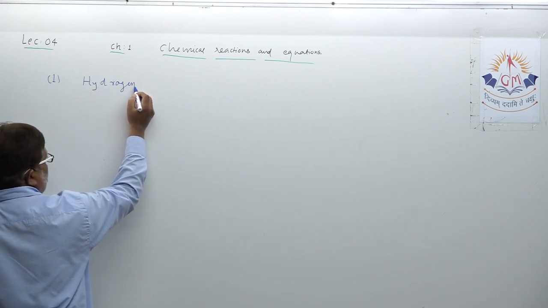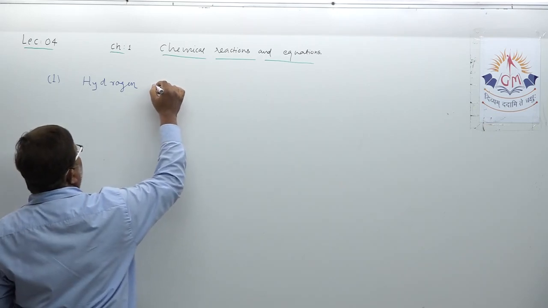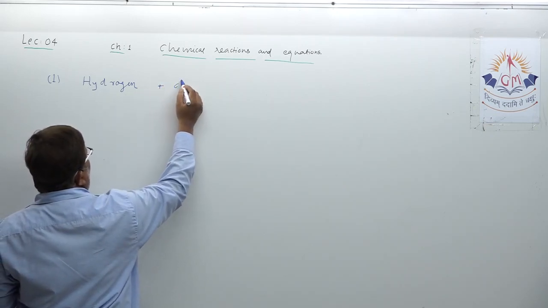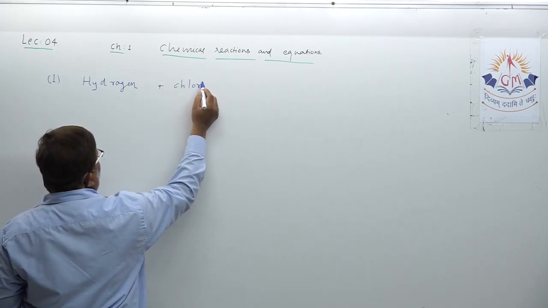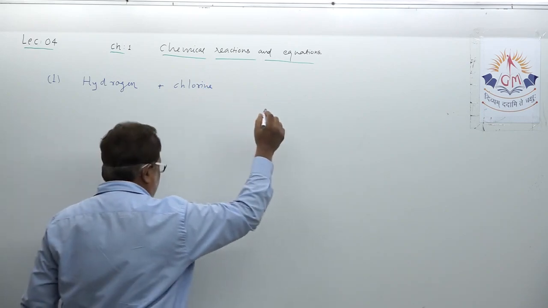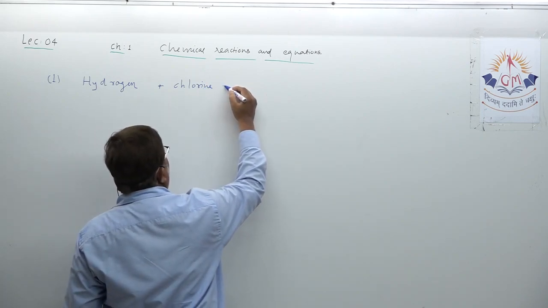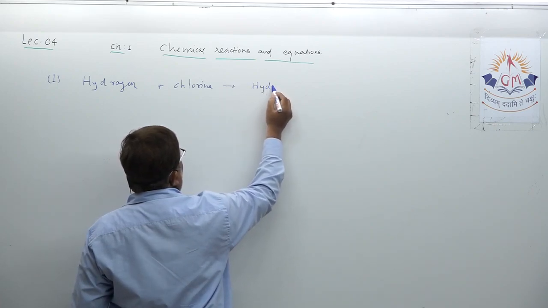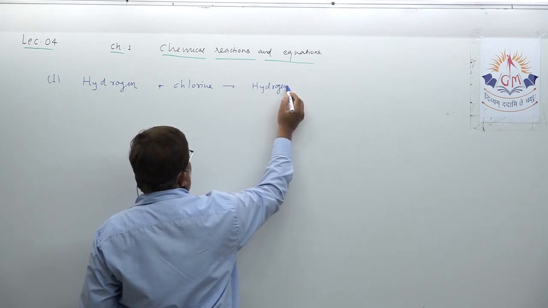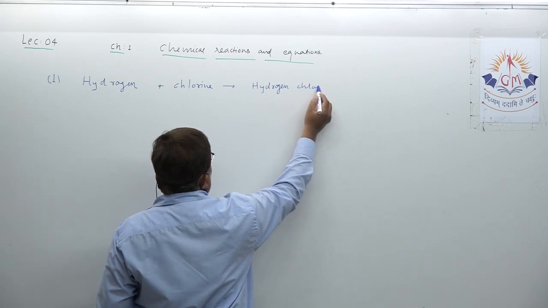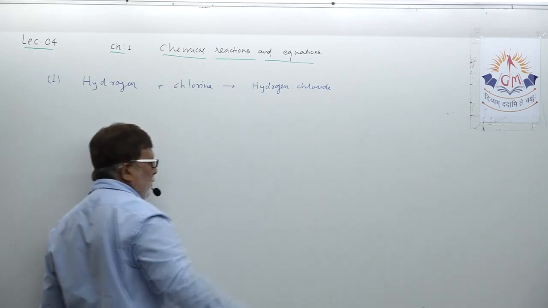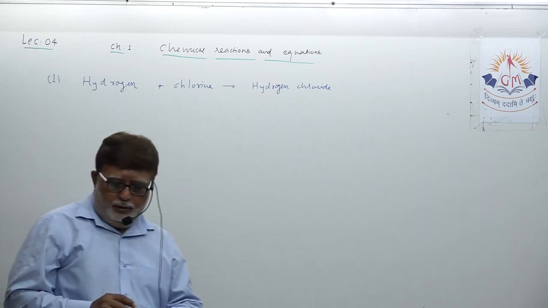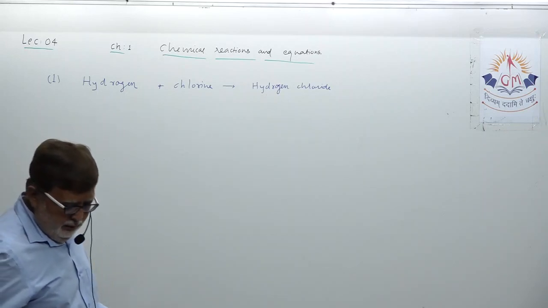Hydrogen plus chlorine gives hydrogen chloride. Suppose you are given such a word equation which you have to balance, okay?